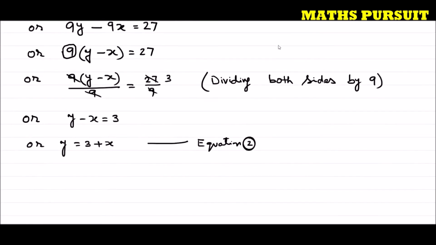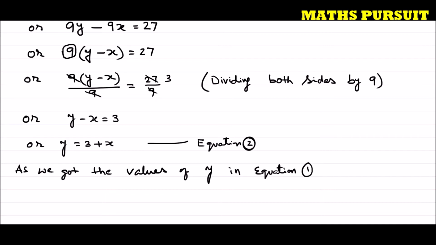That means, as we got both the values of y, in equation 1 and also in equation 2, both the equations are equal.